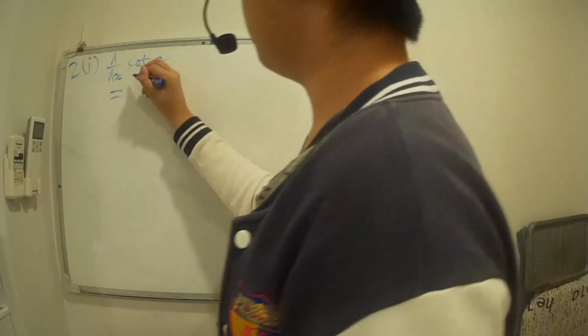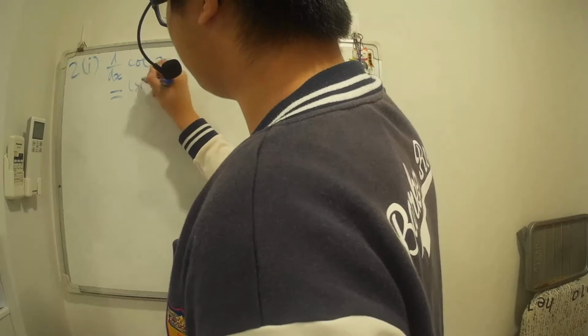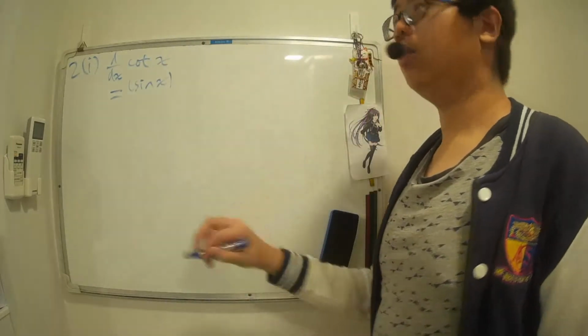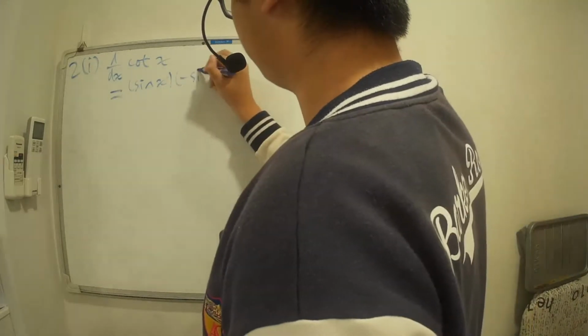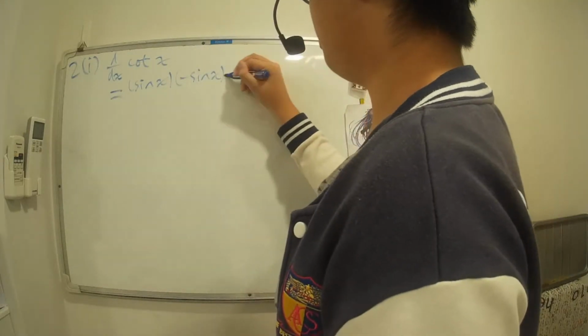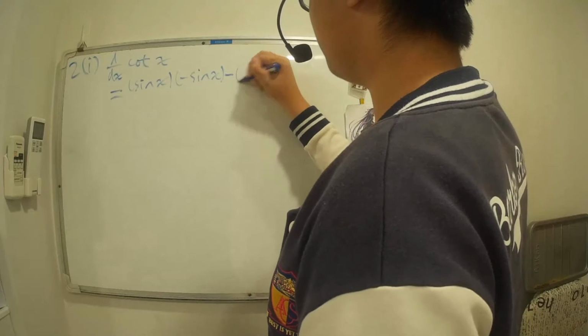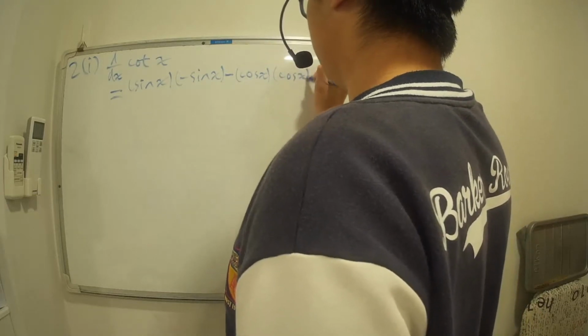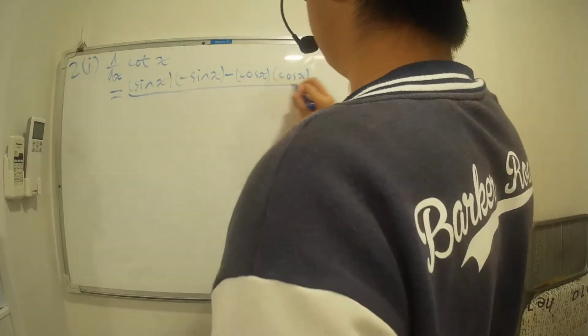We will get sine x and then the derivative of the cosine, which is negative sine, minus cosine x and the derivative of sine x, which is just cosine x. And all this is over sine squared x, right?